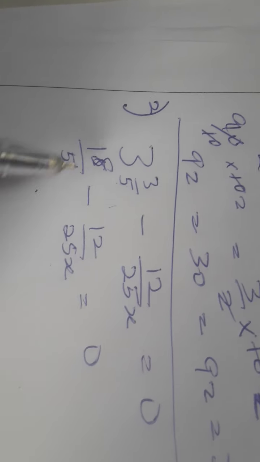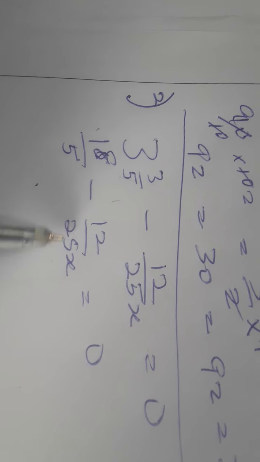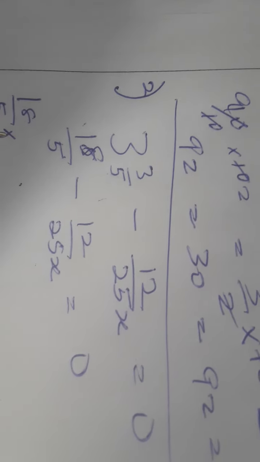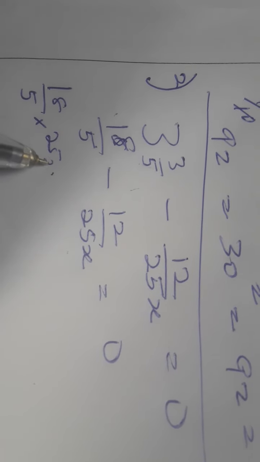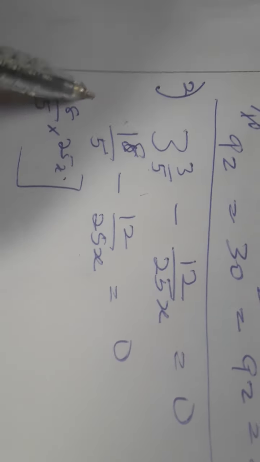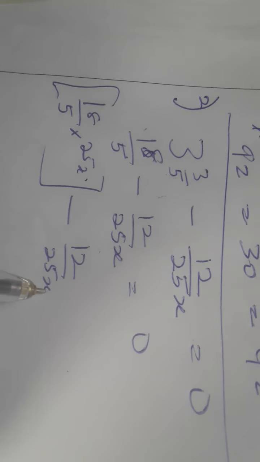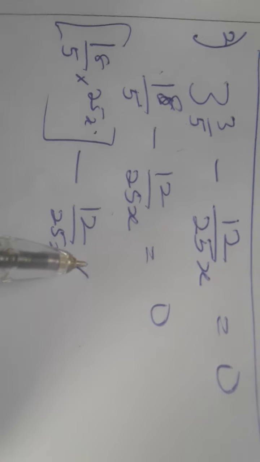And with 25x, you multiply each term by 25x, which gives us 18 over 5 times 25x minus 12 over 25x times 25x.